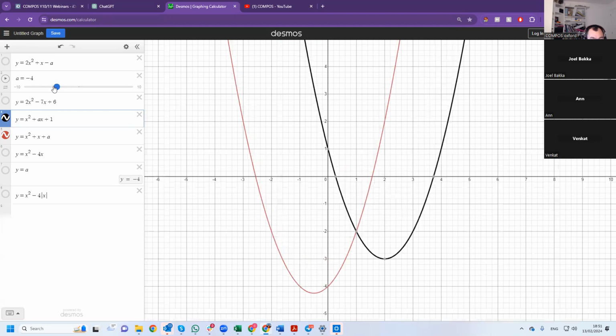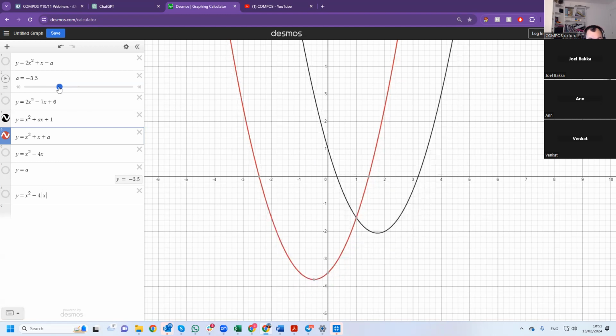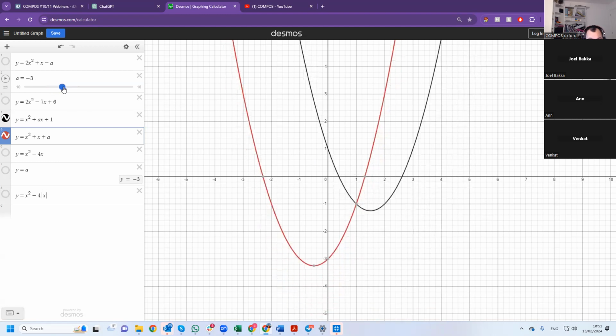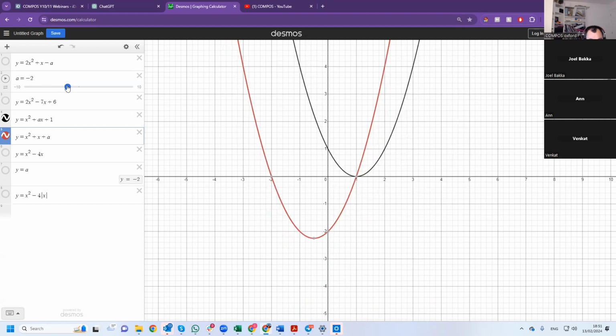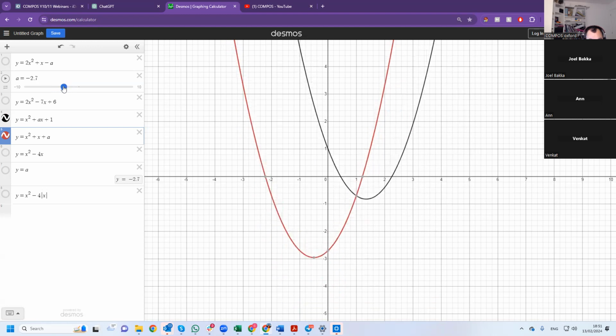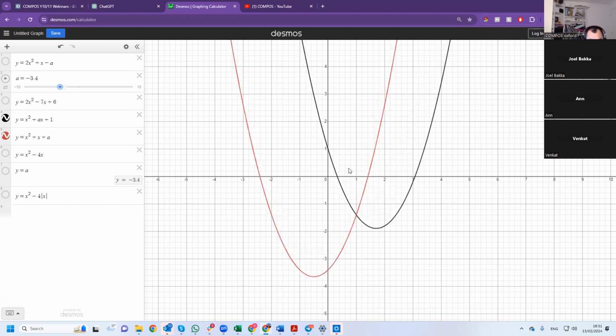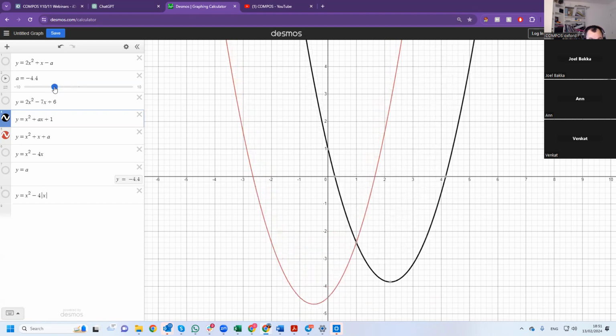And you can obviously see that this root, the black one, increases faster than the red one. So they will never match up. The gap between them increases. So we start like this, and as we go further along, the gap between these two roots increases.